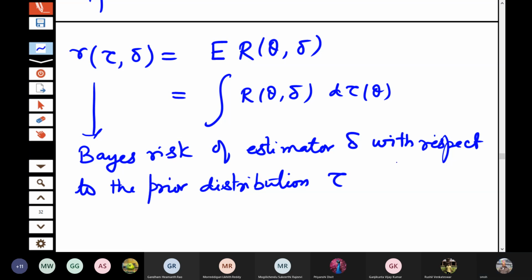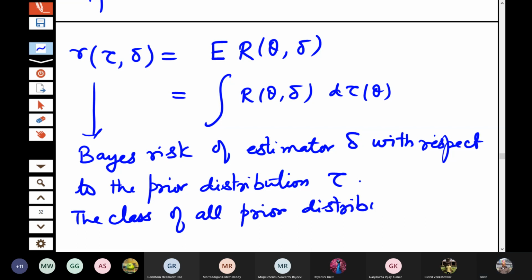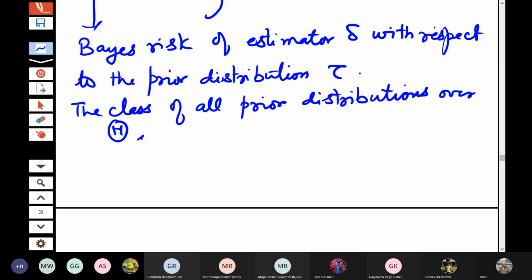So the distribution of the parameter is called a prior distribution. So the class of all prior distributions over the parameter space theta, we will give some notation here. It is denoted by, say, we put some theta star here.